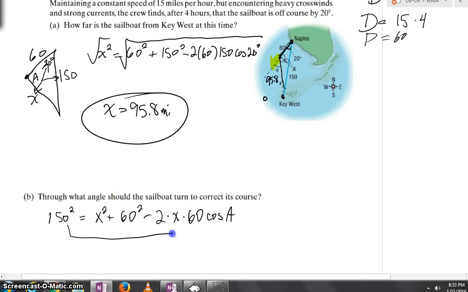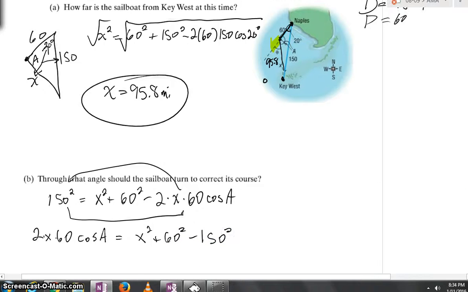So we're going to do a little bit of moving terms around here. If I move the 2x times 60 with the cosine of A to the left side, I could also then subtract the 150 squared.